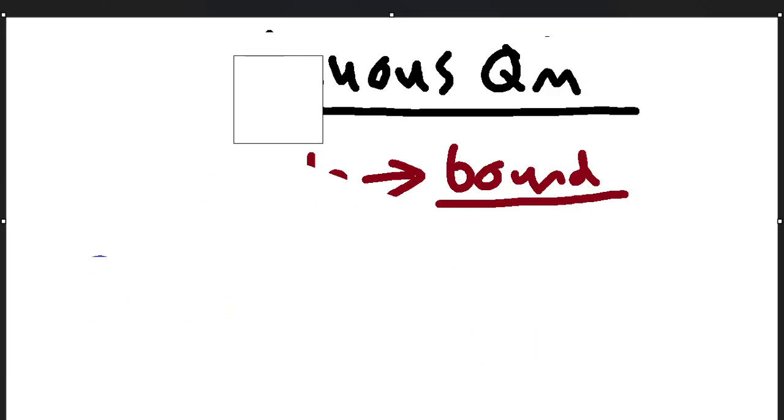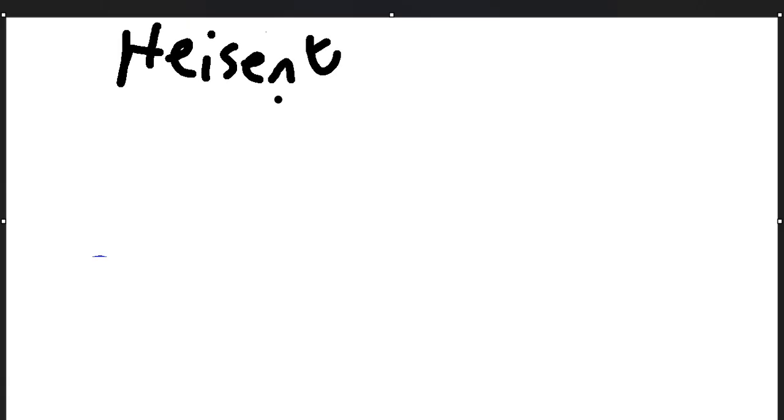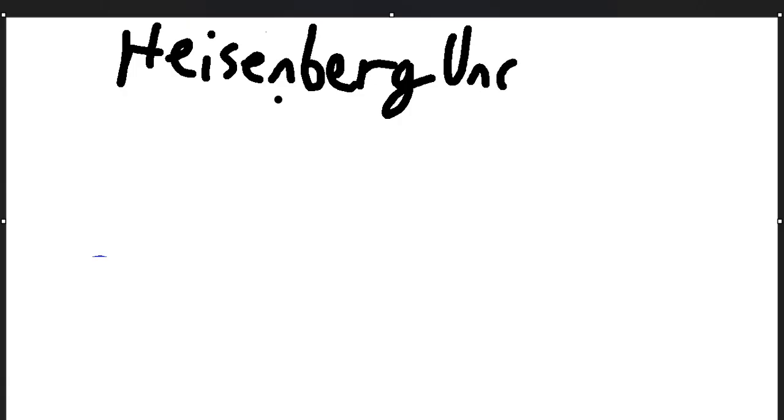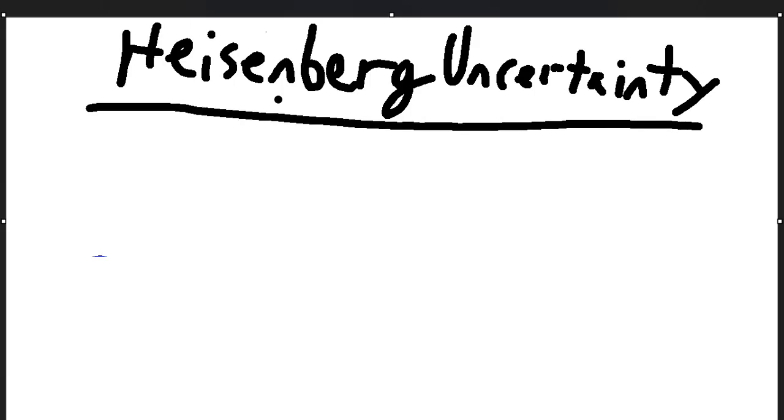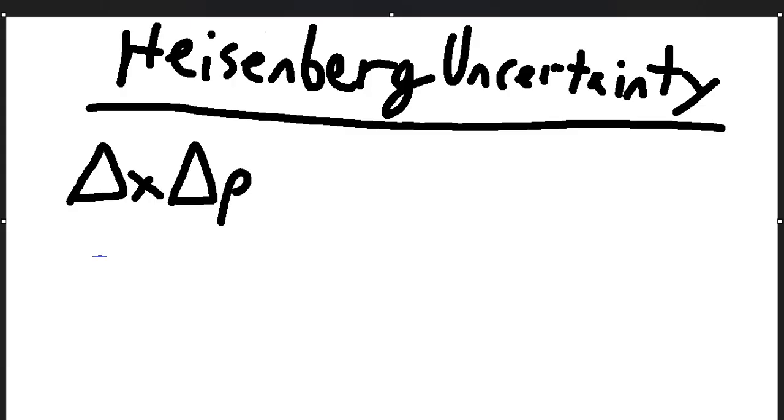So, continuous. Now we better get going on Heisenberg. Oh, forgive my handwriting. Heisenberg uncertainty. So, it's represented by this equation, which is hopefully not too bad.